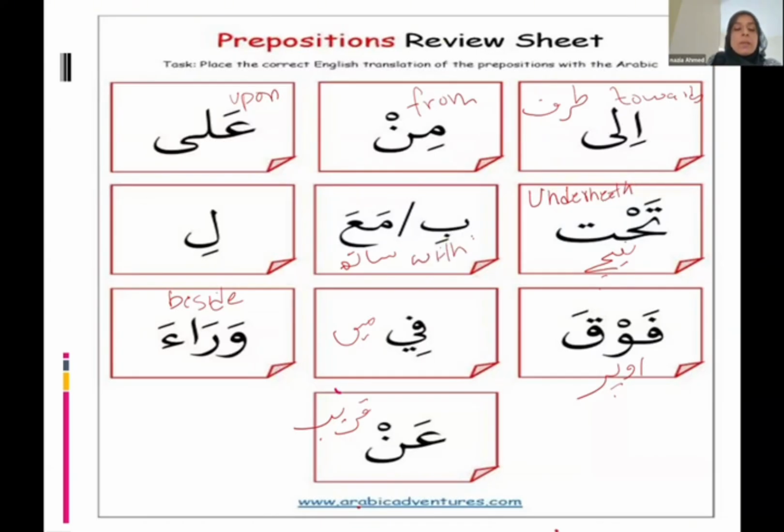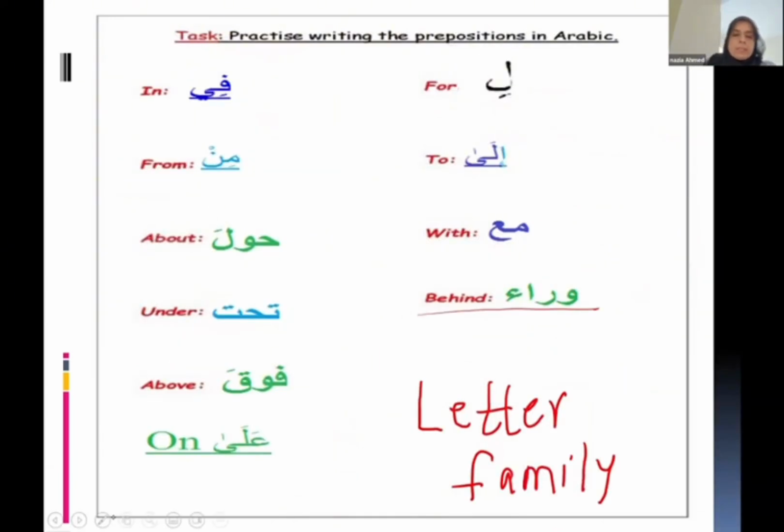Li means for. Fawqa means upon, above. Fi means in. Wara means behind. And an means about. You don't have to memorize this now; you've got the meanings here. I'm going to share all this with you, inshallah.